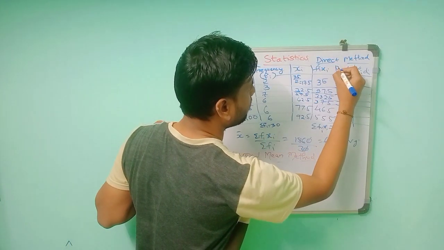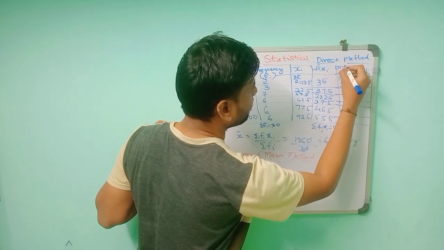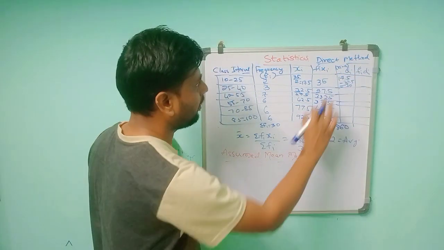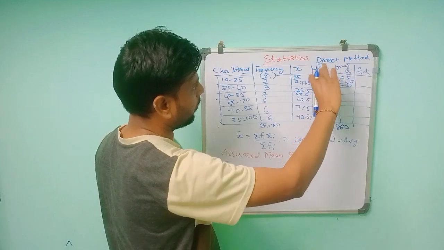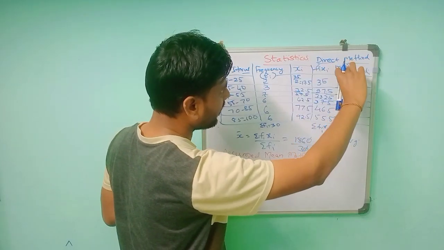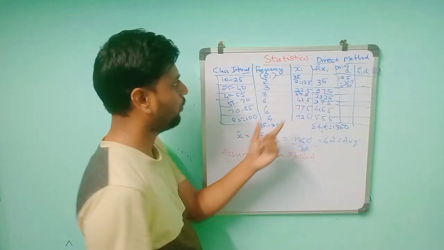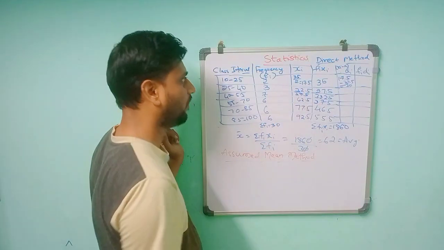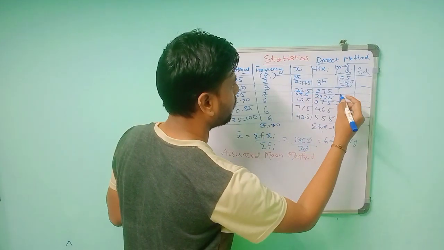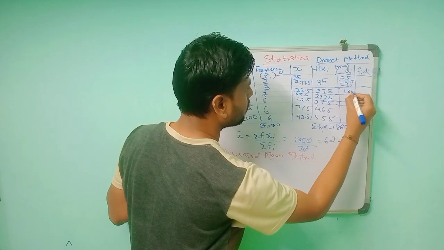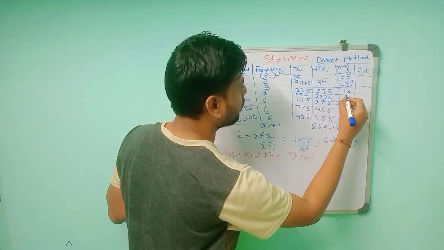So this formula is xi minus a, as given in the textbook. Xi are these values and a is the assumed mean value. So we have to take the middle one only. The middle is 47.5. So 32.5 minus 47.5 will give minus 15, and like that it will be 0.